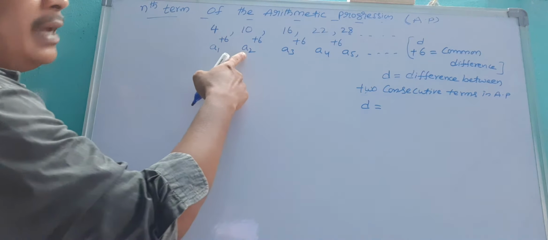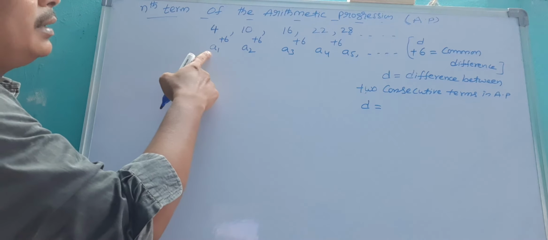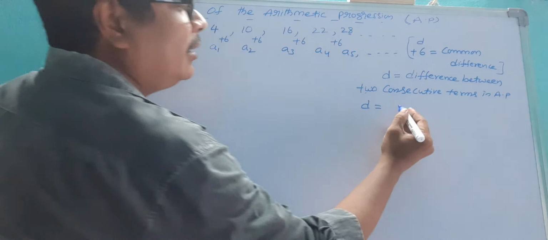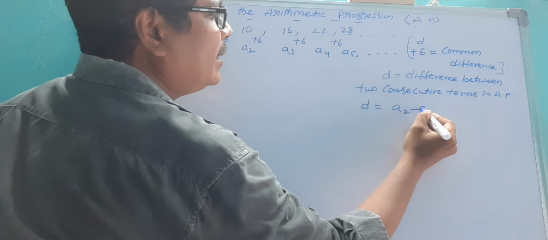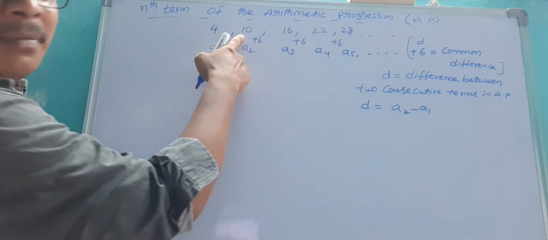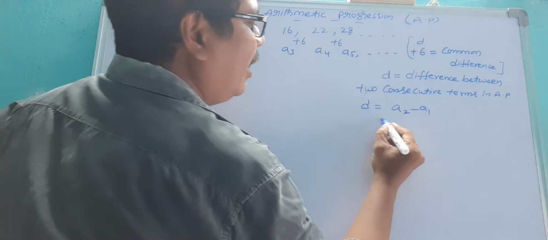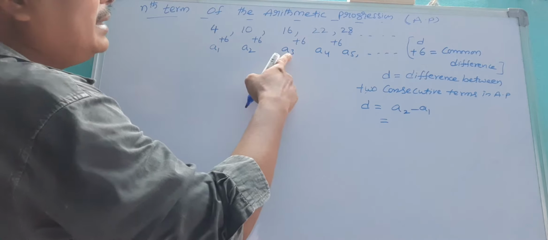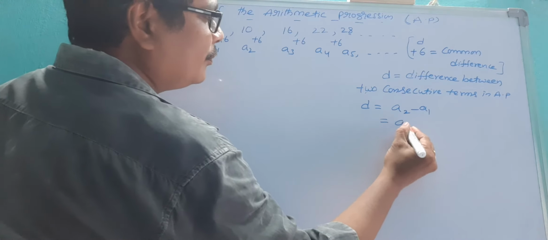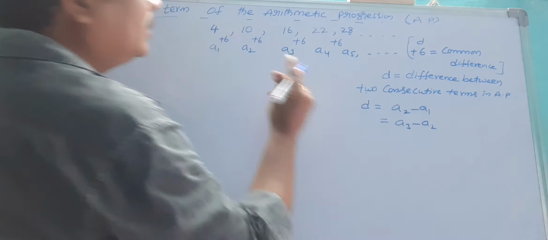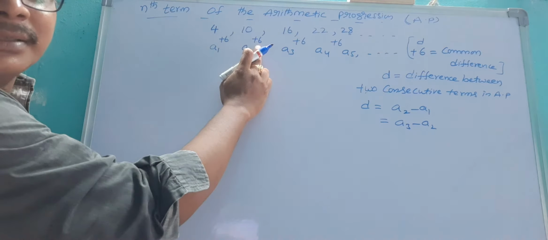So here 10 means A2, 4 means A1. Their difference means A2 minus A1. That means 10 minus 4, you get 6. Or A3 minus A2, so 16 minus 10 equals 6.